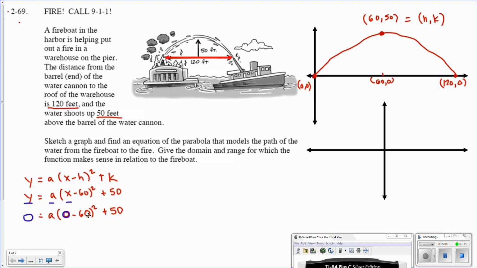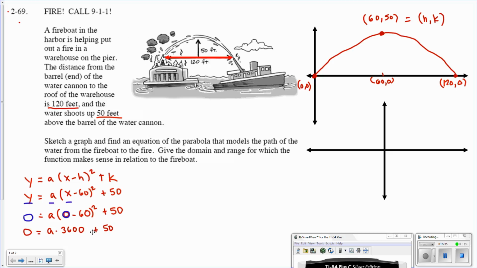Now it's about simplifying and making sure that we do our steps correctly. 0 minus 60 is negative 60, and then negative 60 squared should end up being a times 3,600. And we still have plus 50 here. And this all equals 0.